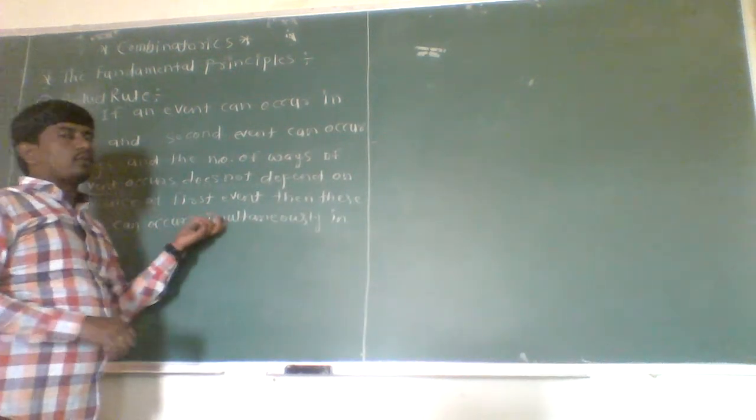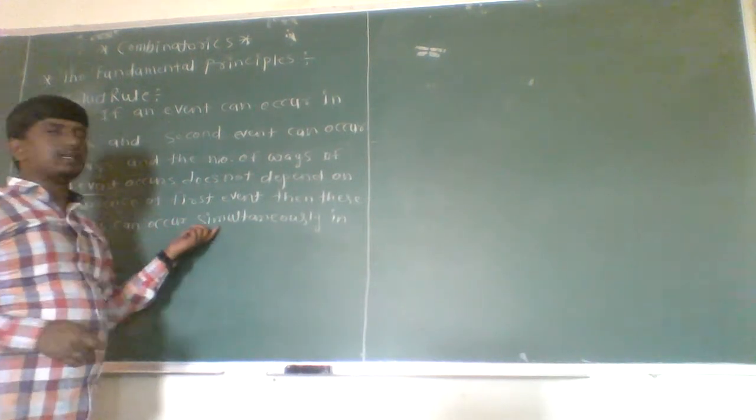In the sum rule, any two events cannot occur simultaneously. But in the product rule, if we take any k events, then these k events occur simultaneously in the product of the corresponding numbers of ways.